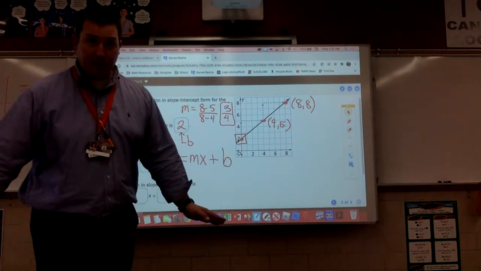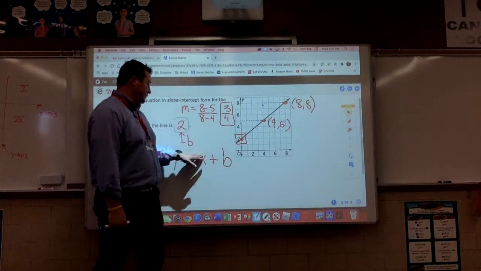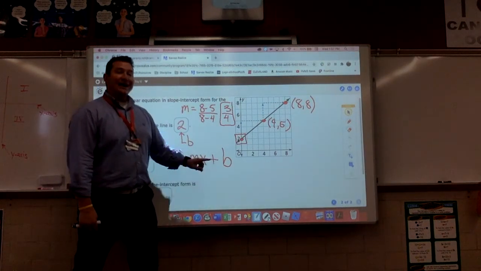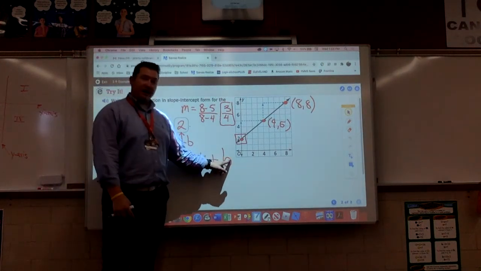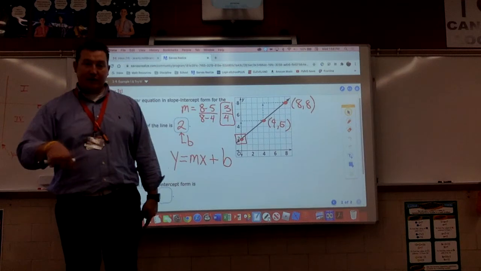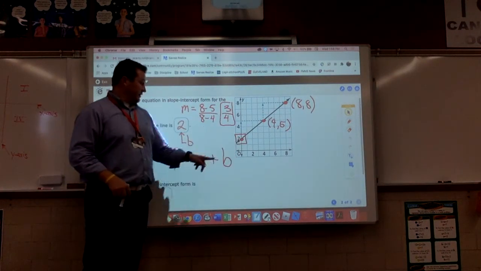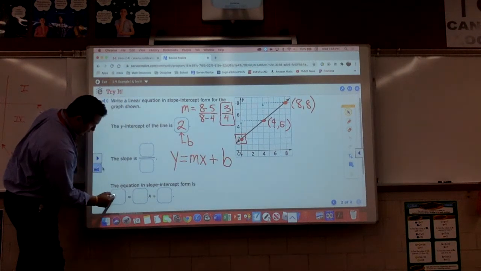Don't make them disappear. That is the number 1 8th grade mistake. We just write y equals 3/4. No. B is your y-intercept. If it's a positive number, we're going to put plus that number. If it is a negative number, we're going to put minus that number. 2 is positive. So we put it all together, guys. It looks like this.